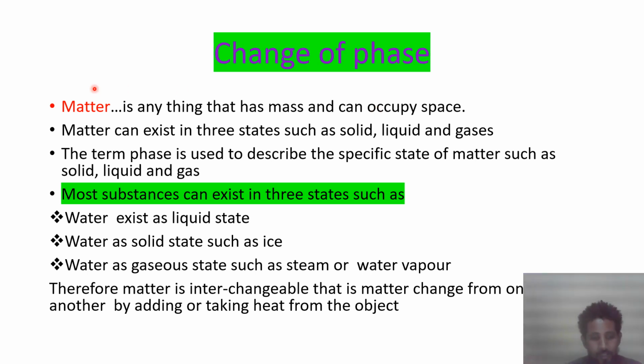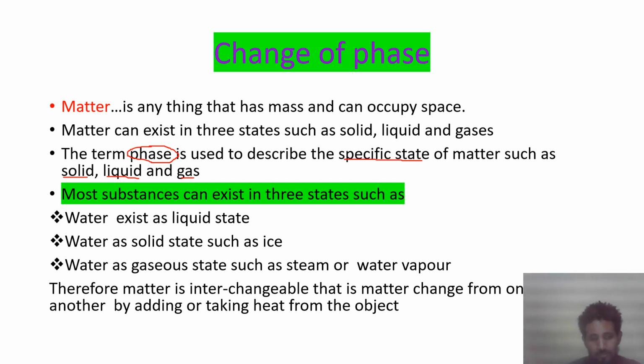So the term phase is used to describe the specific state of matter such as solid, liquid and gas. So phase is a specific state, not solid, not liquid, not gas.